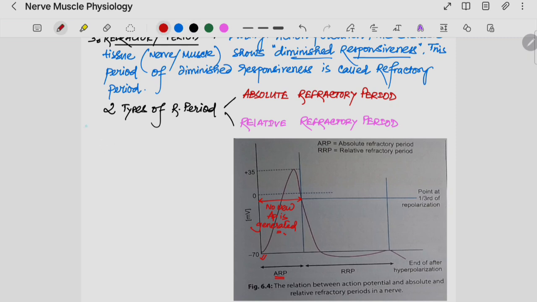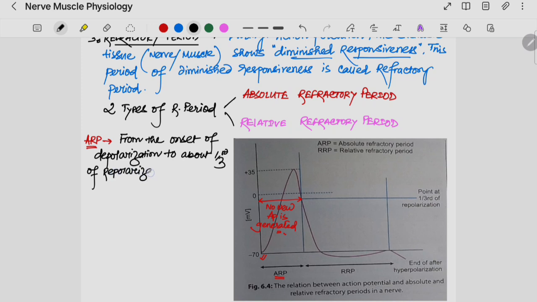So ARP, absolute refractory period, from the onset of depolarization to about 1/3 of repolarization, nerve or muscle cannot be excited, however strong the stimulus may be.